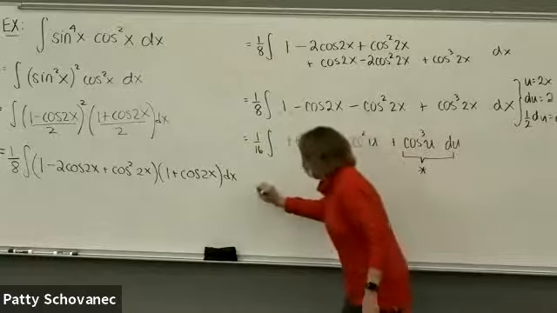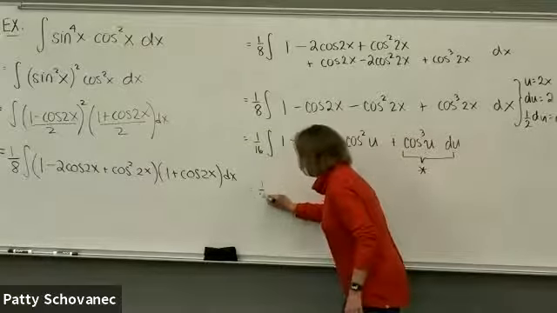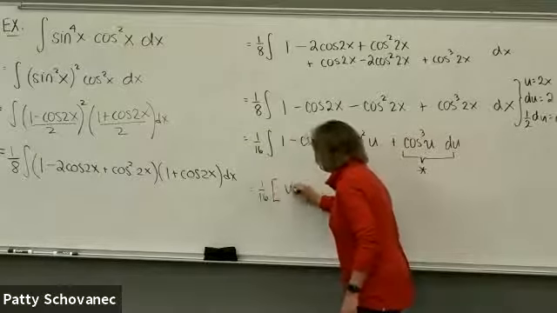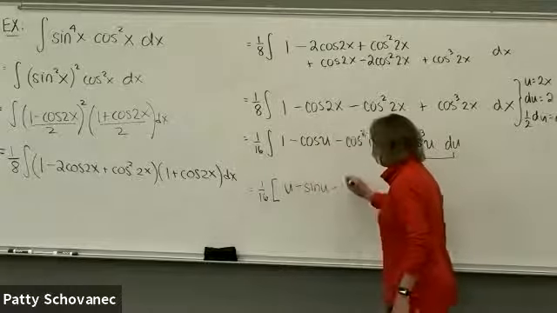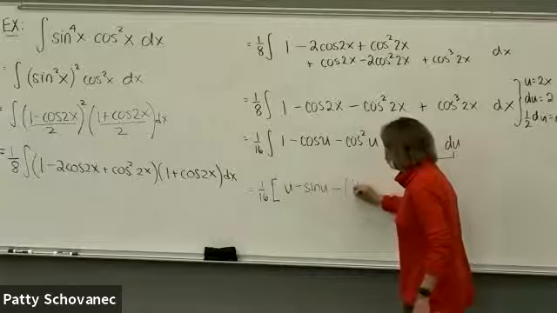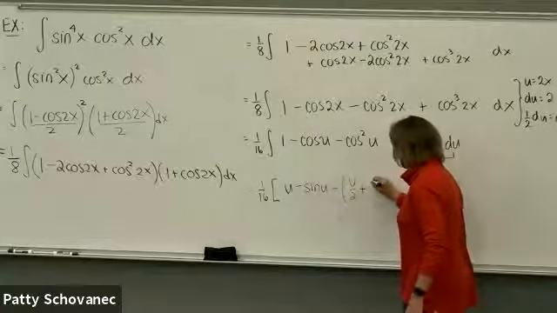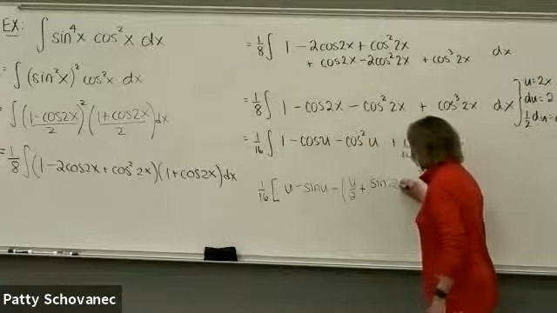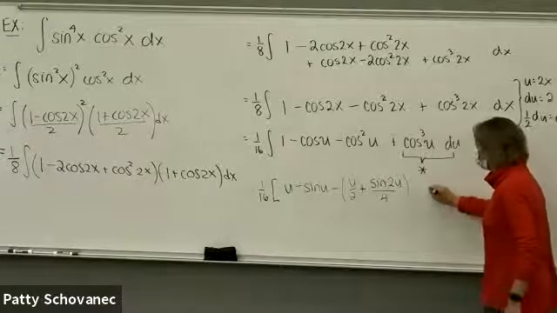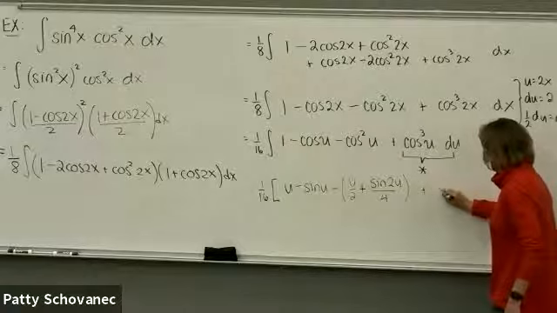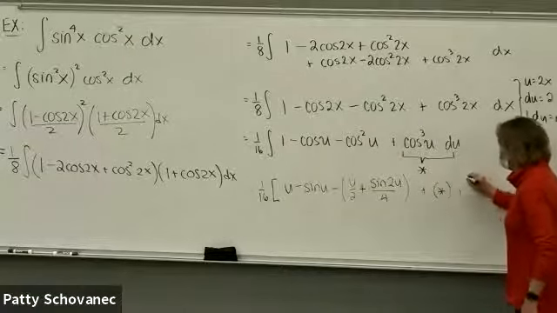So let's do that. I'm going to have 1 over 16 times u minus the sine of u minus, so in here I'll have u over 2 plus the sine of 2u over 4. Plus whatever I get by integrating the cosine cubed.